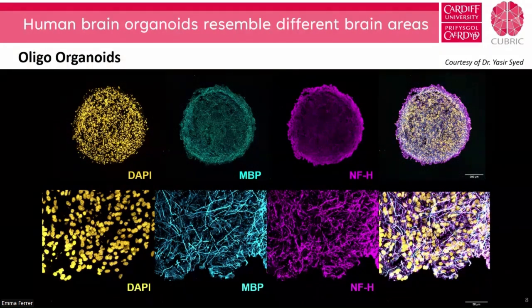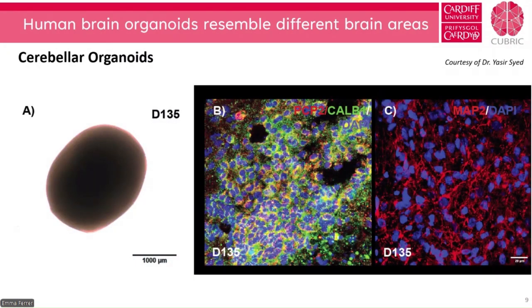This is an example of an organoid where you can see the myelin staining and the myelin distribution within the organoid, which is extremely exciting because you can control this to some level. You can switch on and off the oligodendrocytes' ability to myelinate and demyelinate.